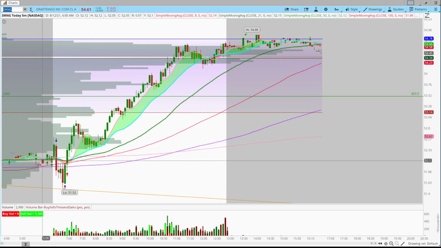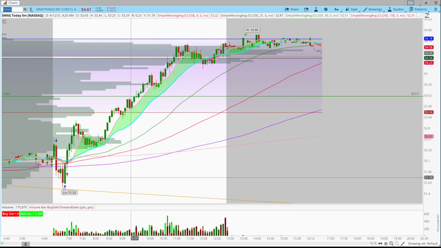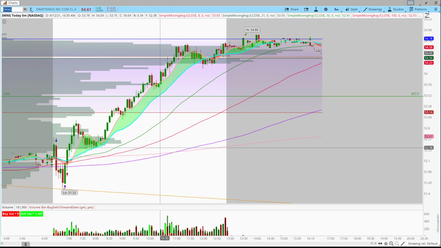So rule number one, I generally won't be able to use this in the first 5 to 10, even 15 minutes of market open. It generally doesn't help predict those big moves at open or close.